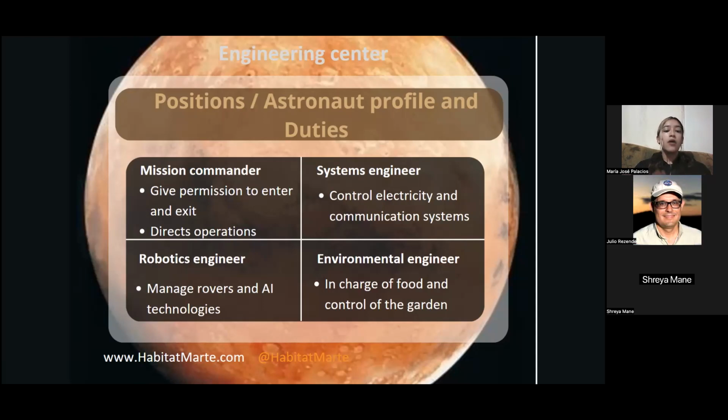Then we have the robotics engineer. He manages rovers and AI technologies. And the environmental engineer is in charge of the food and control of the garden. I want to say that all those people have access to the lab.